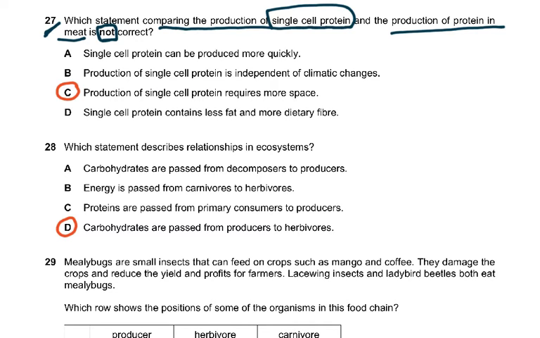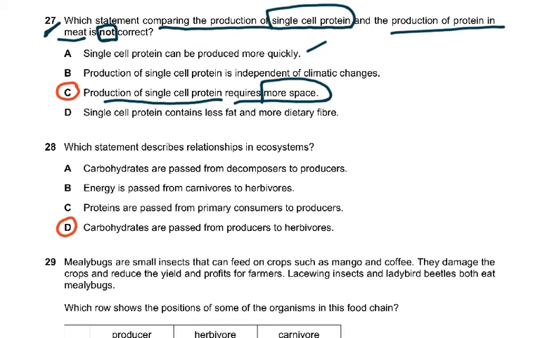And for protein in meat, you have to have animals, and animals require a lot of space. So, production of single cell protein requires more space? Yes, that is correct. Single cell protein produced more quickly. But it says which statement compares the production of single cell protein with the production of protein in meat. So you have to see the comparison.